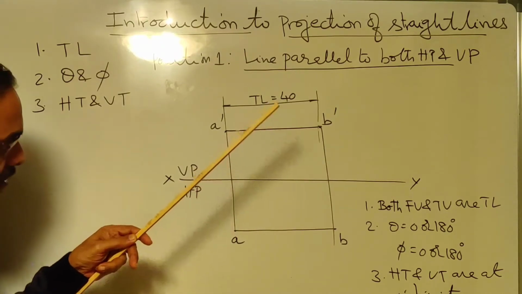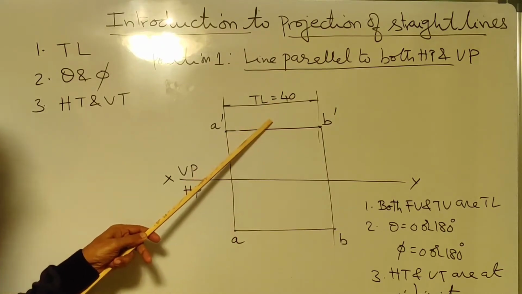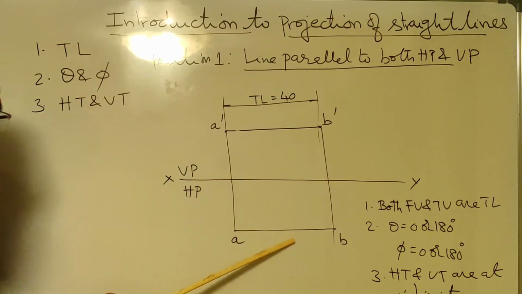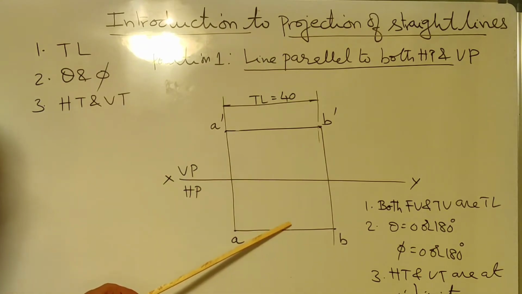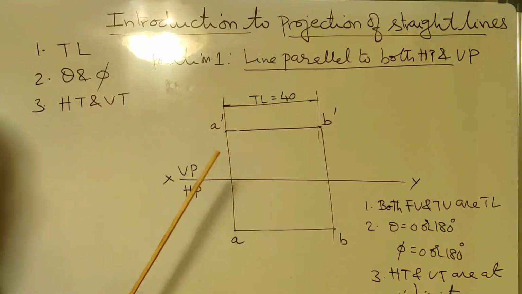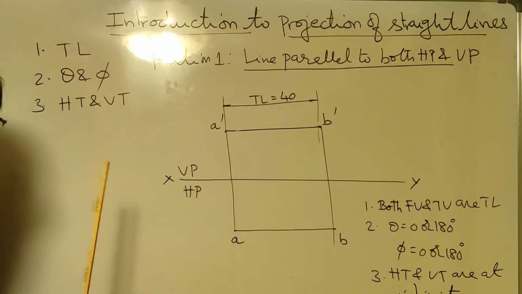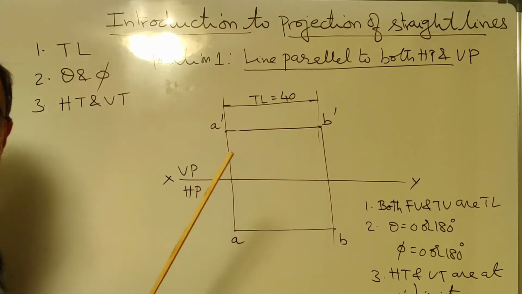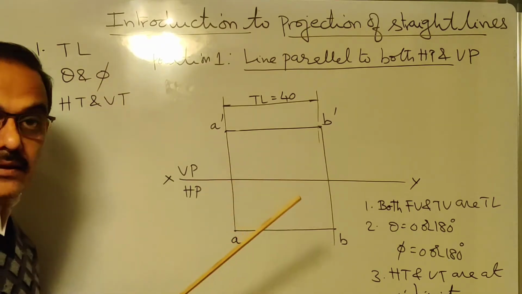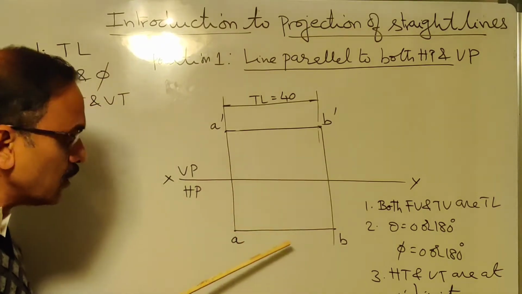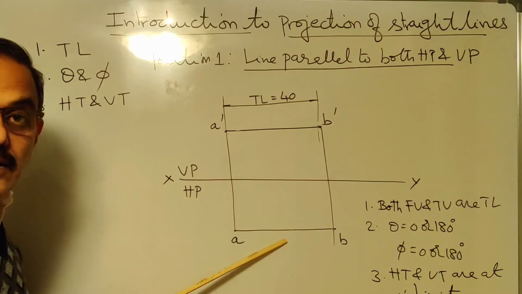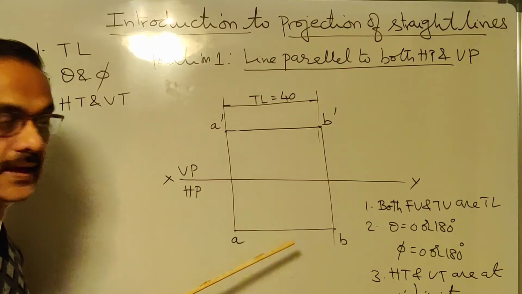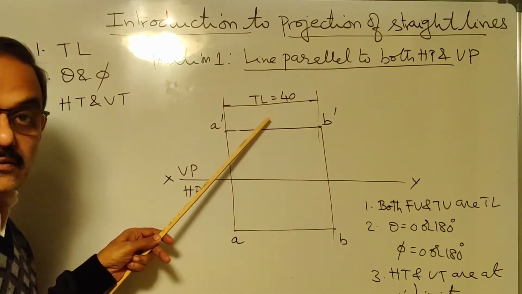Similarly, if the front view of a line is parallel to XY line, then its top view is true length. Both the statements are called true length principles. Okay? Please write it down in your notebook. I'll repeat again. If the top view of a line is parallel to XY line, then its front view is true length.